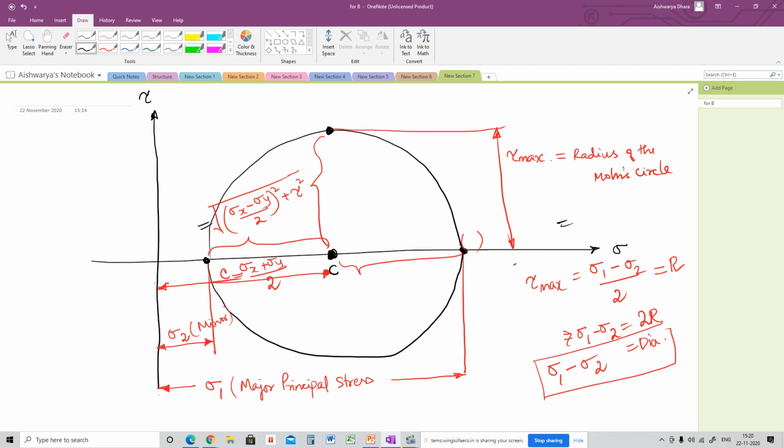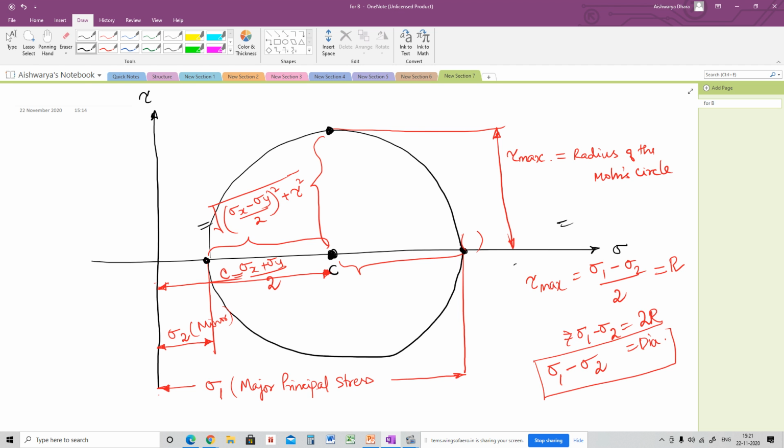This concept will repeat in failure theories also. In structures, everything is interconnected with each other, so in some other way it can come back.